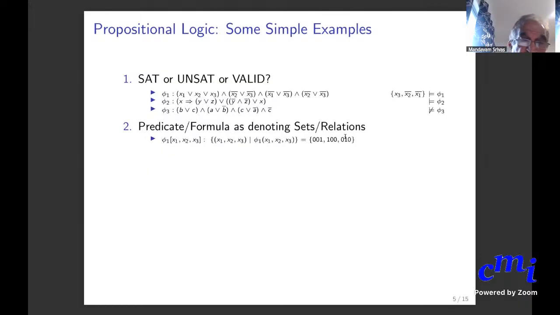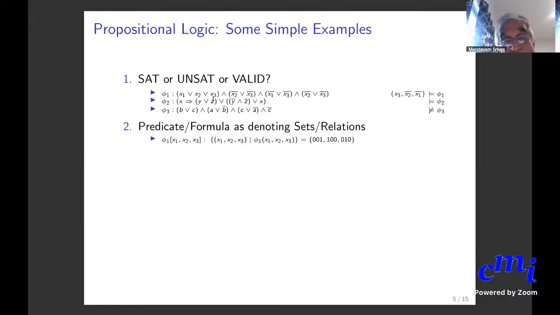So here we have a formula phi 1. This is a formula over three variables, x1, x2, and x3. You can view that formula as a representation of a Boolean function that maps triples, the values x1, x2, x3, Boolean triples, to true or false.